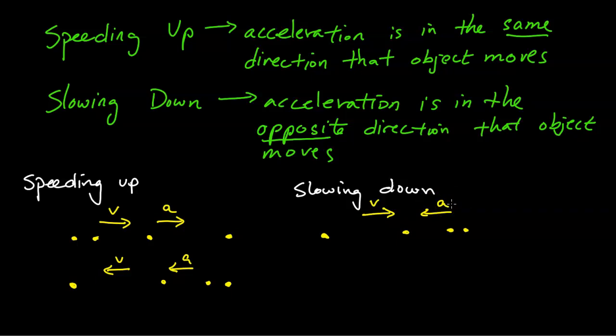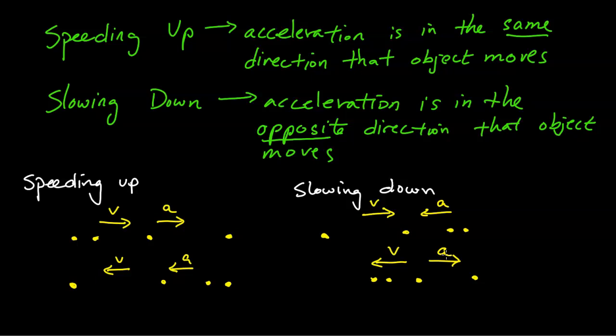Okay, let's take a look at what happens if we're slowing down, moving towards the left. Slowing down, the dots are getting closer, and the object is moving towards the left. So we know that the acceleration has to be towards the right.